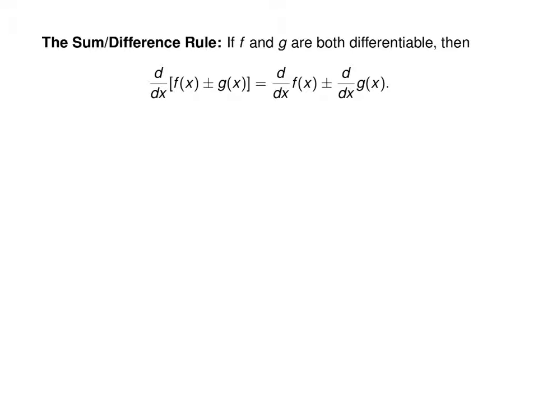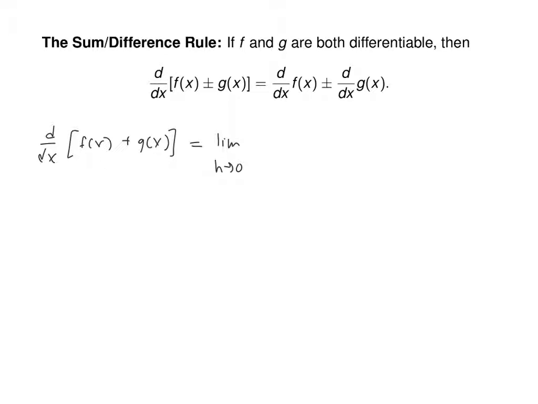Now, another rule that we can apply is the sum difference rule. So if you differentiate two things added or subtracted, you can just differentiate the first thing plus the second thing. I also want to prove this one is true. So I'll just do it for the sum. We'll take the derivative of f of x plus g of x. It's the limit as h goes to 0.